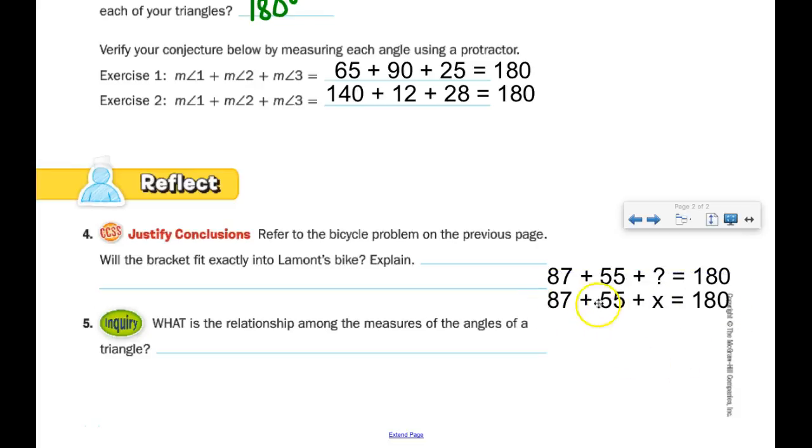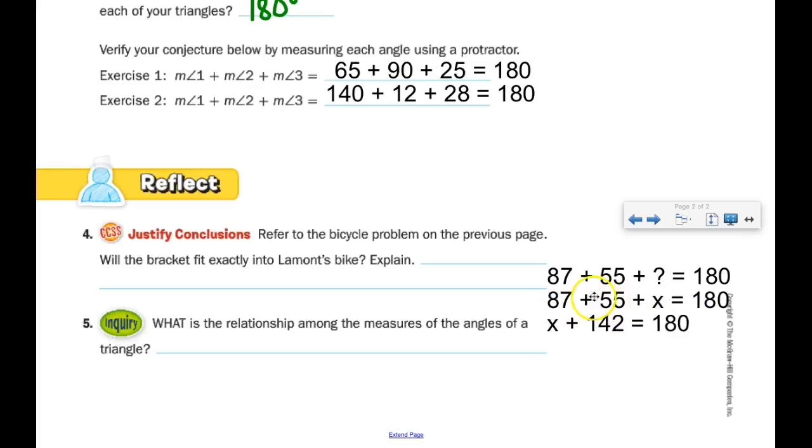All right, this is combined like terms over here, so I've got 87 plus 55 is going to give us 142. And then of course you could flip around the order of the variable if you wanted to. x plus 142 equals 180.